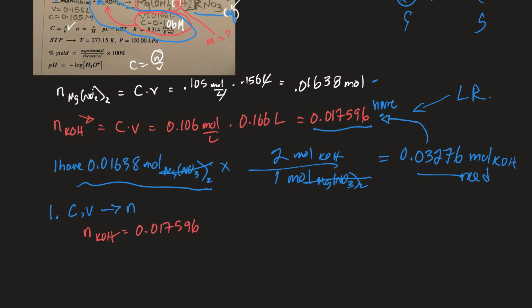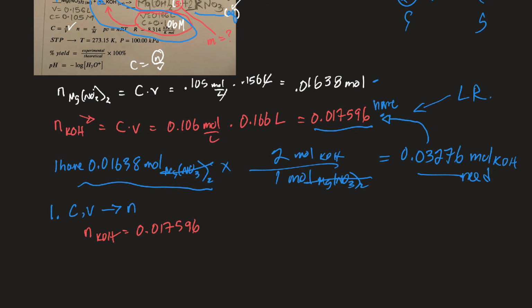Okay, step 2 is to convert moles. Let's use a different color. Step 2 is to convert moles of KOH to the moles of the precipitate. And we figured that that was magnesium hydroxide. So I need to get that to moles of magnesium hydroxide.